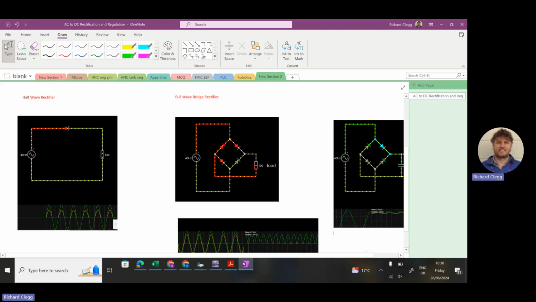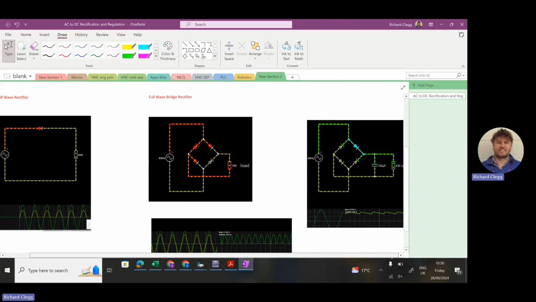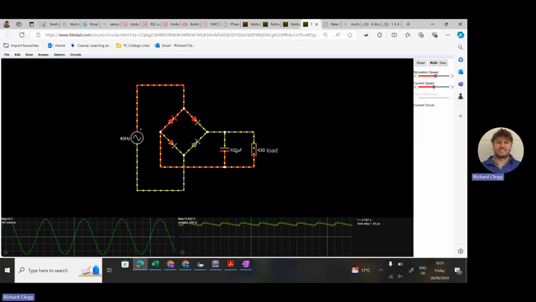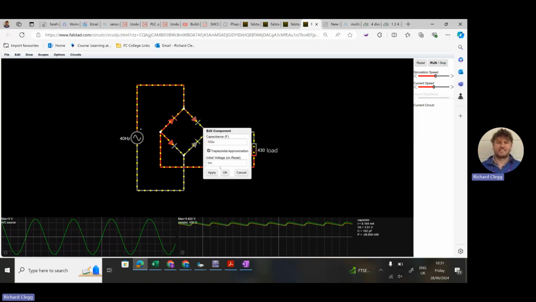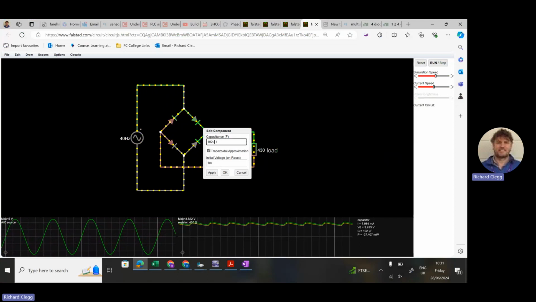Okay, so we can actually have a little play with this in the simulator. Let's change the capacitor value. Let's change it to a smaller value.